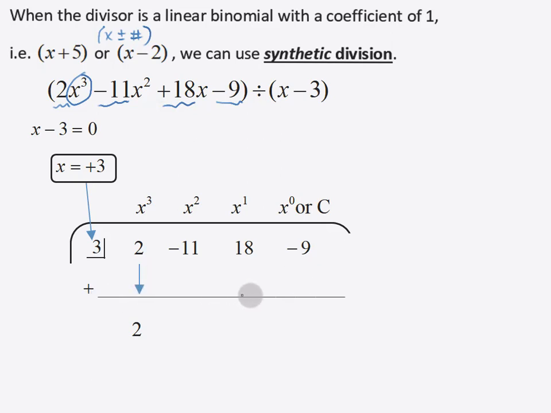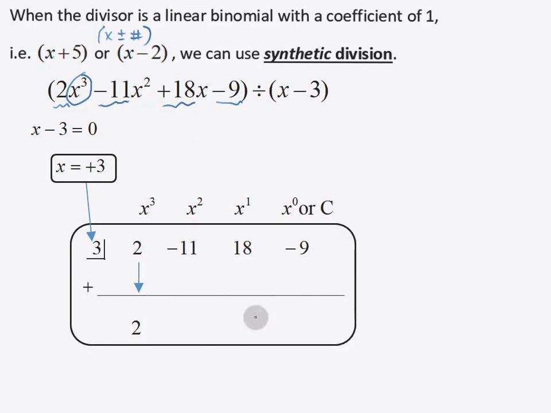And we put this little bar that we're going to go ahead and add with. So I'll just complete the whole outline there. So we write this little bar, leaving ourselves a little bit of room to write some stuff down on. And then we're going to drop down the very first coefficient. So 2 just drops straight down below this line.